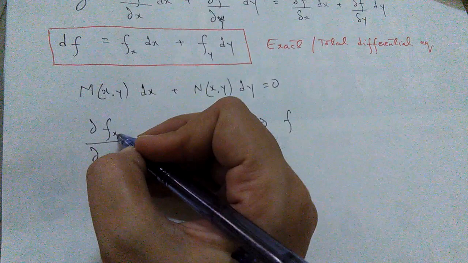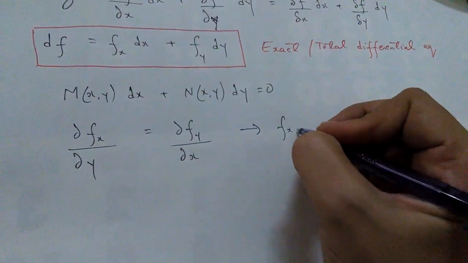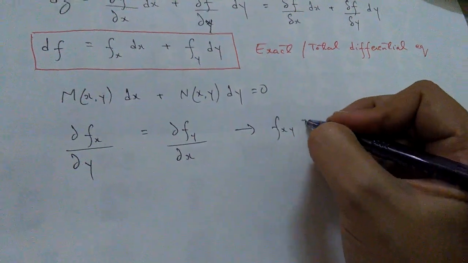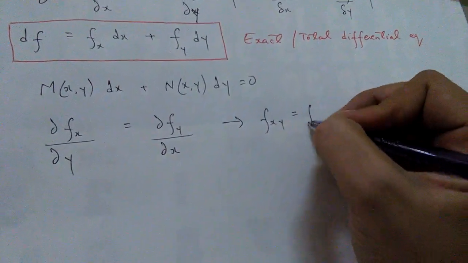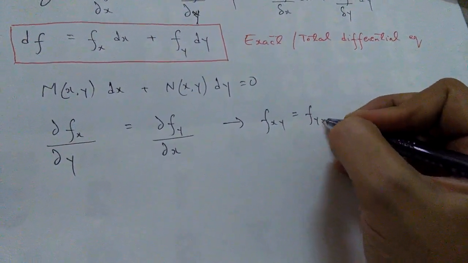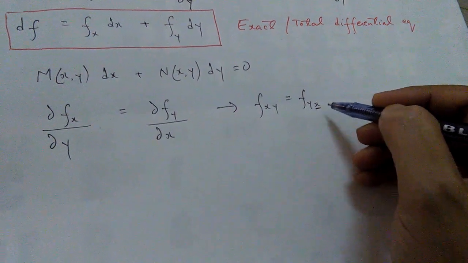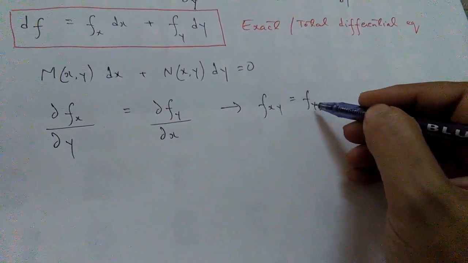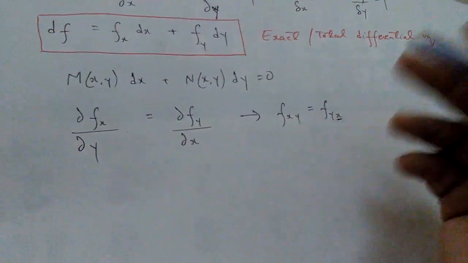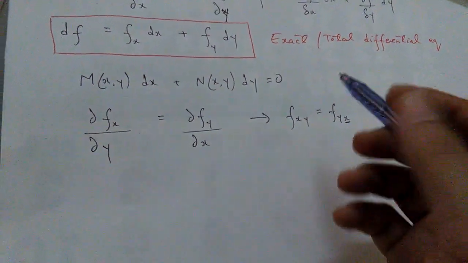This was f of x that I have differentiated with respect to y, so this is f xy, and if this one is f yx. This subscript represents the order of differentiation, that is, which variable you differentiate first.